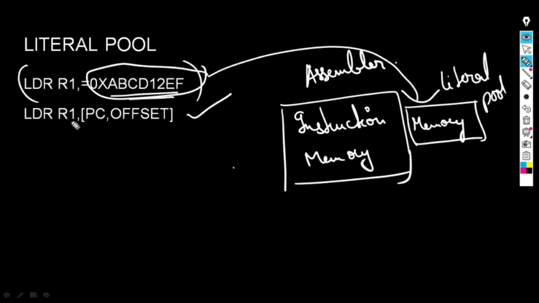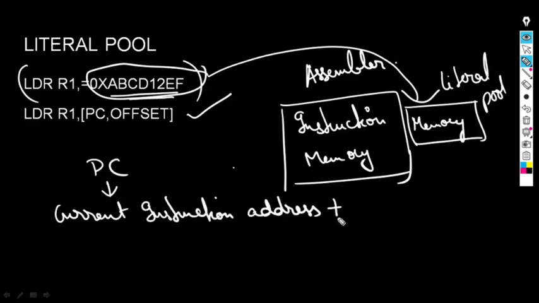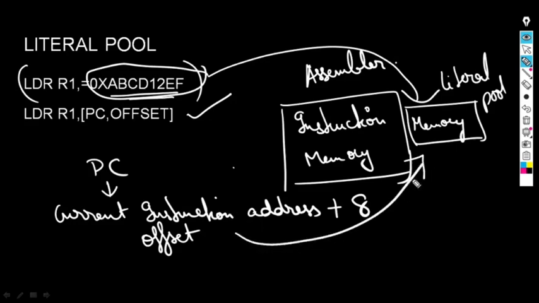Once this instruction is executed, PC, which is the program counter, will have some address. That address will be the current instruction's address plus 8. And offset is the additional value which should be added to this initial address to reach this particular location.